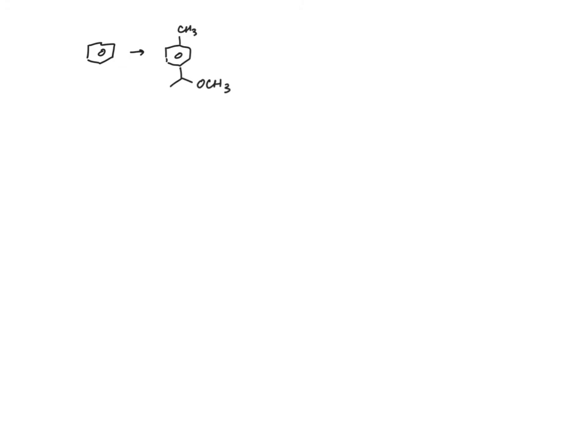Should we put the methyl group there first, or should we try to introduce this ether? And I'll just go ahead and tell you that putting the methyl group on is the right way to go. It's the simplest functionality. And it's going to provide for the para position to be activated by some other functionality.